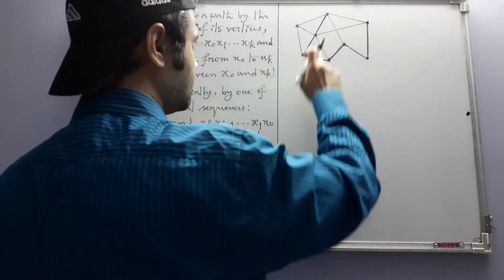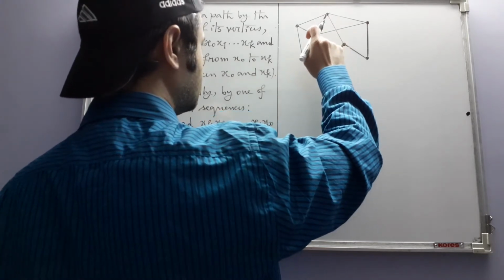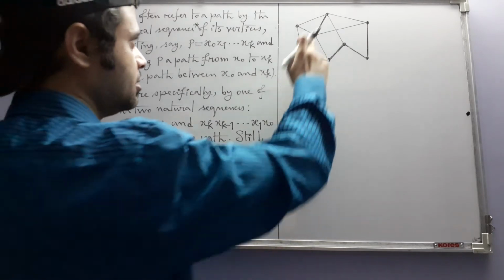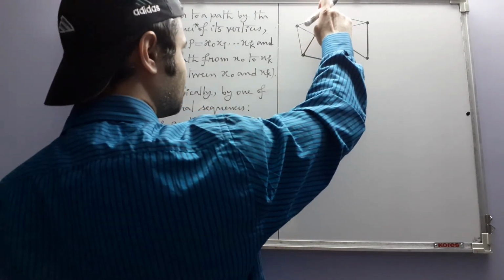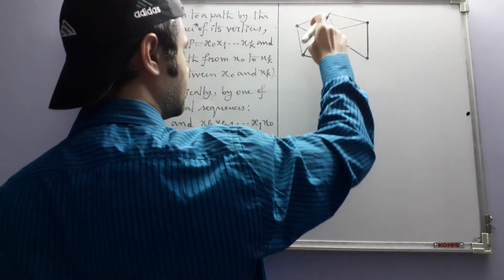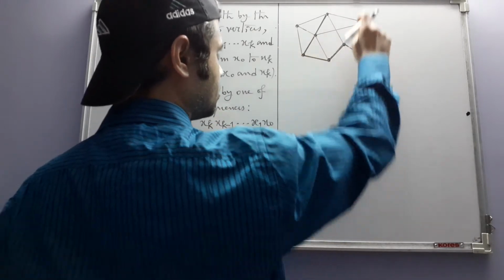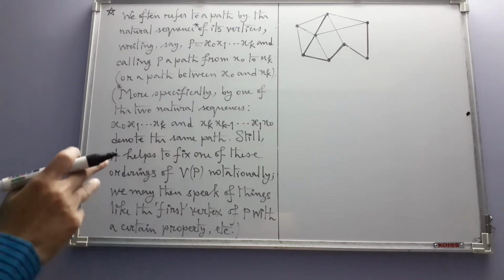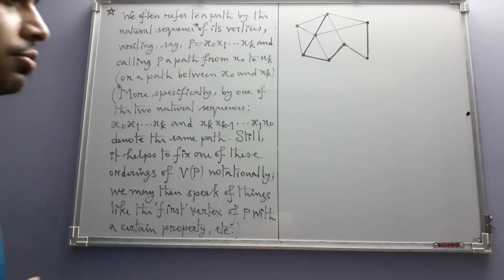In this you can see that the somewhat bolder edges are forming a path between this vertex and this vertex. Okay, so we can consider a path which is a part of a graph.